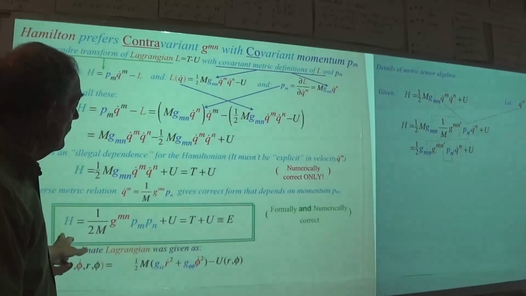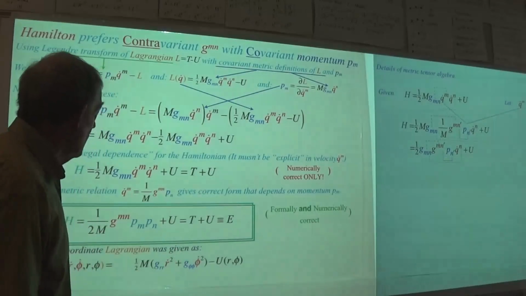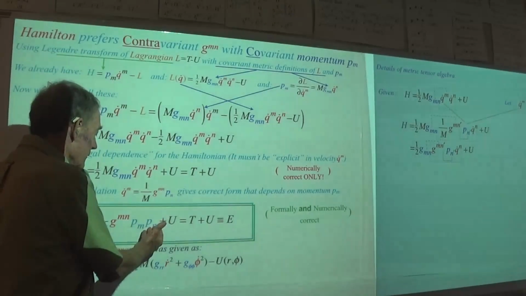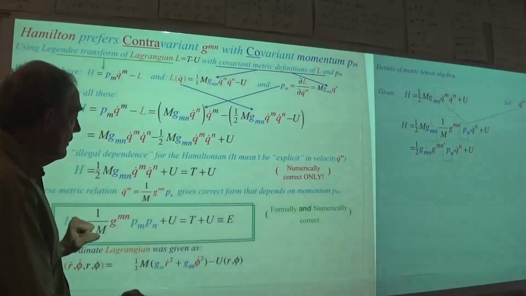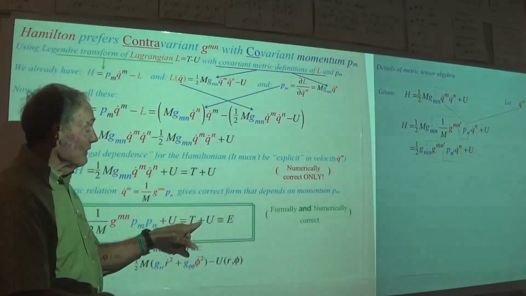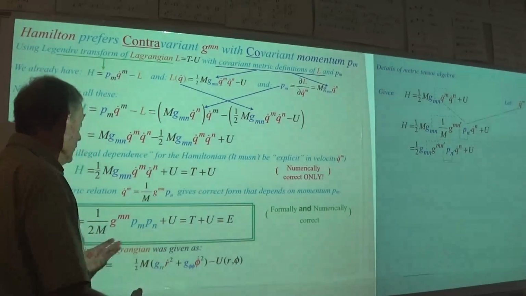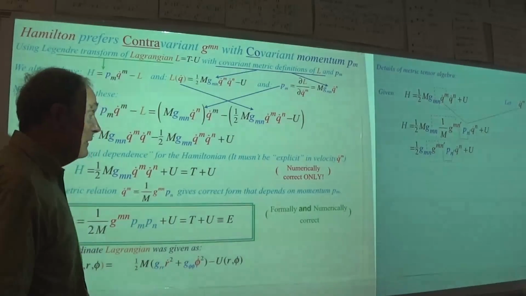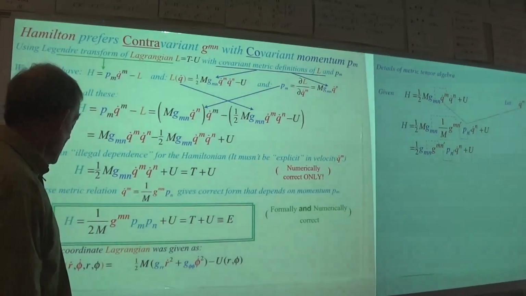But in any case, this is the Hamiltonian we have right now. It has a kinetic part, which is somewhat verbose, plus the potential. And that is our total energy. That is formally and numerically correct, and that's what we're after.